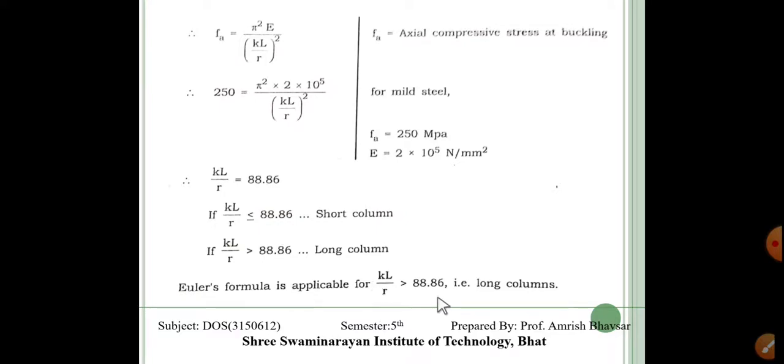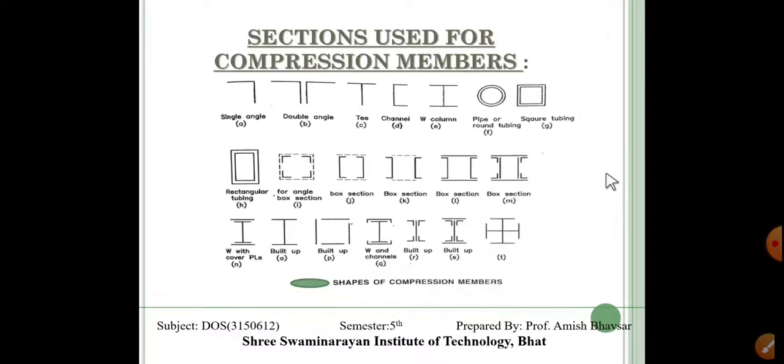So as we discussed, Euler's formula is specifically for the buckling of column, and buckling is done only in long column. So whenever we are going to design a compression member, we have this much choice for the selection of the section: single angle, double angle, T section, C section, I section, circular hollow pipes, square hollow pipes, rectangular hollow pipes.